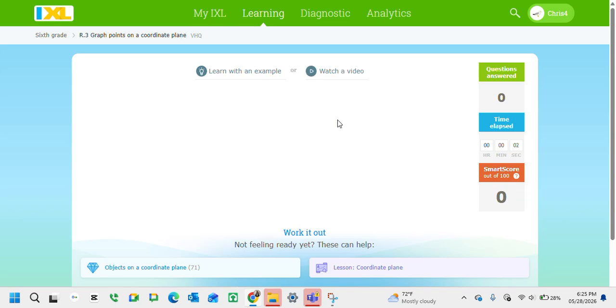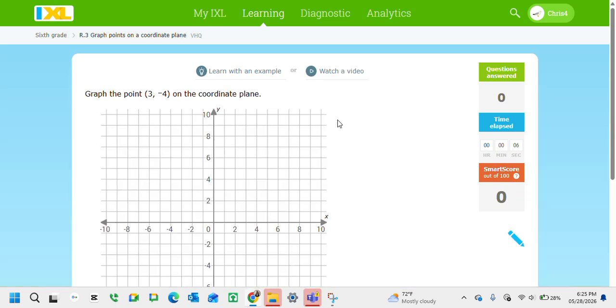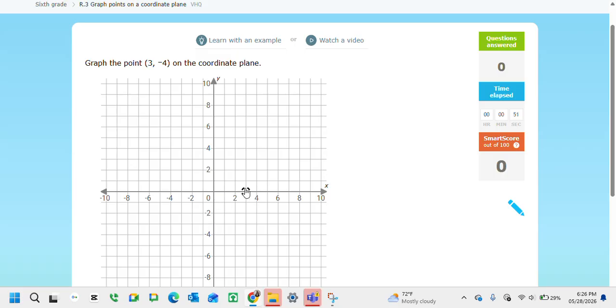Let's graph points on a coordinate plane. Alright, the 3, -4.